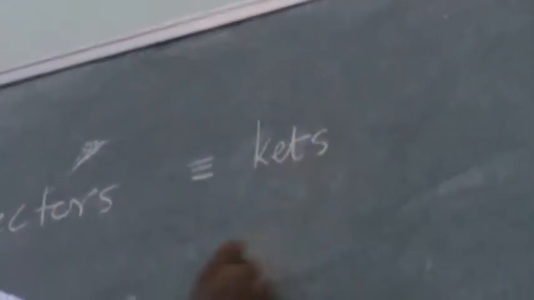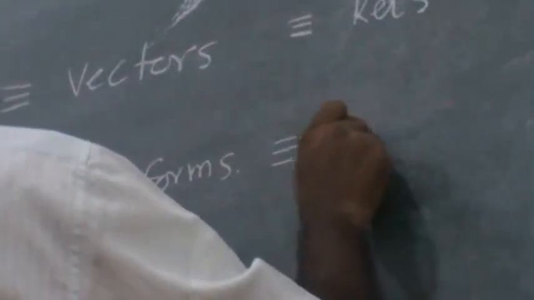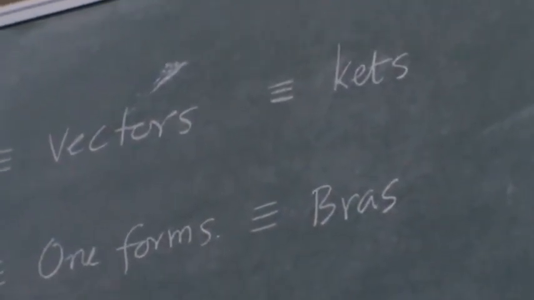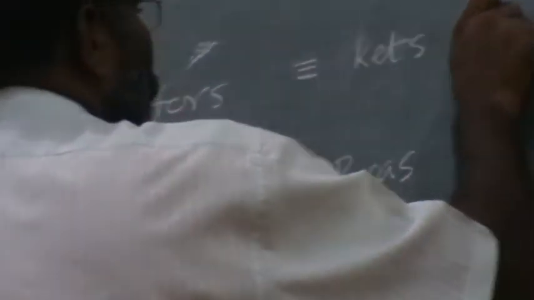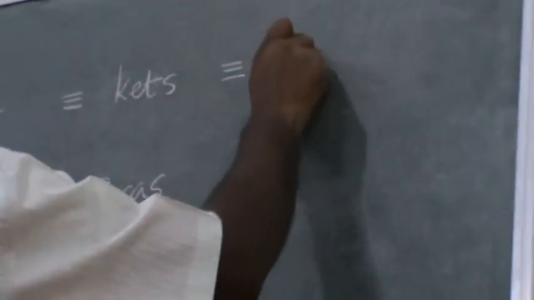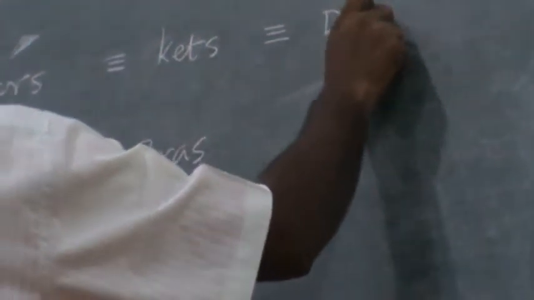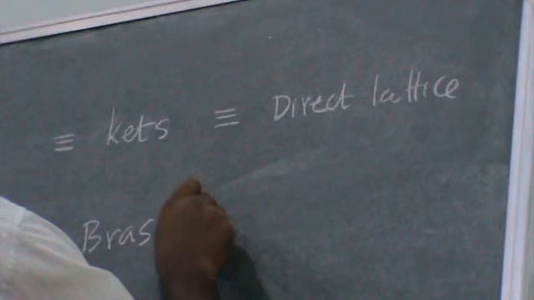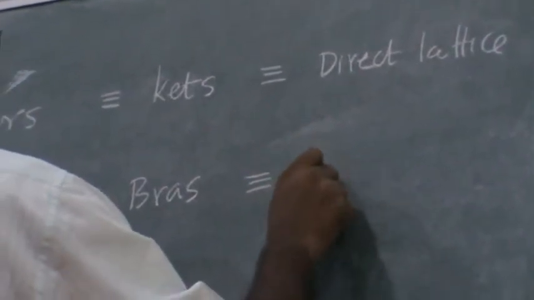And this is what in quantum mechanics you have: ket vectors, kets, and this is bra vectors. And this is the same as direct lattice vectors in crystallography, direct lattice, and this is reciprocal lattice.